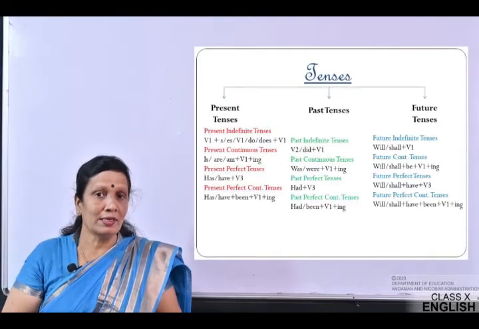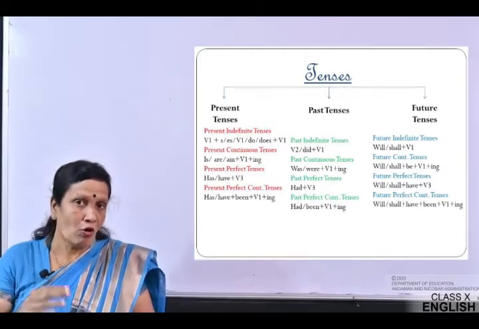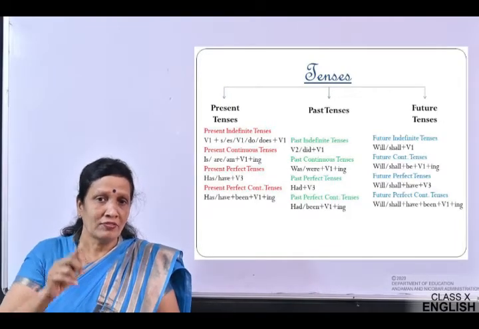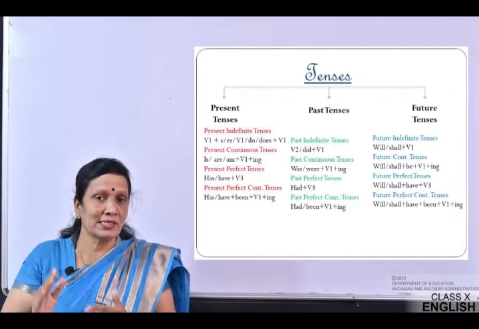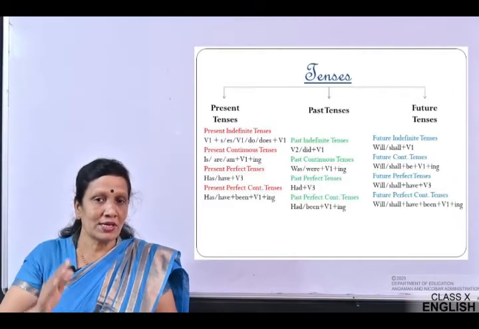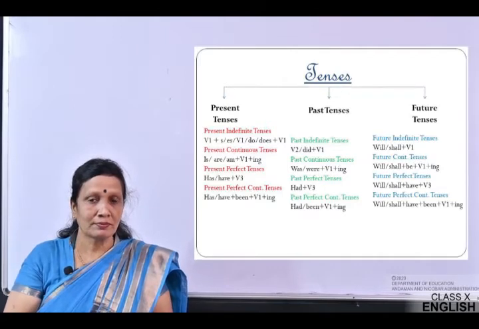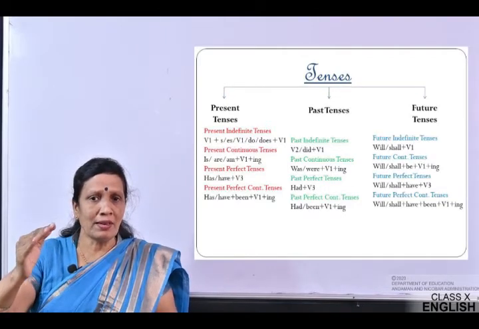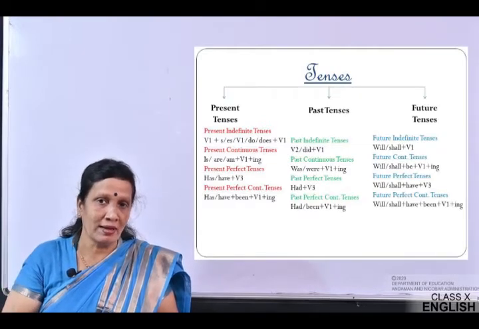Now let's look at the past tense. The past indefinite tense, or the simple past tense. There you have to use the second form of the verb. In the past tense we use the second form, and did plus the first form of the verb in questions. For example, wrote. I wrote a letter to my friend.